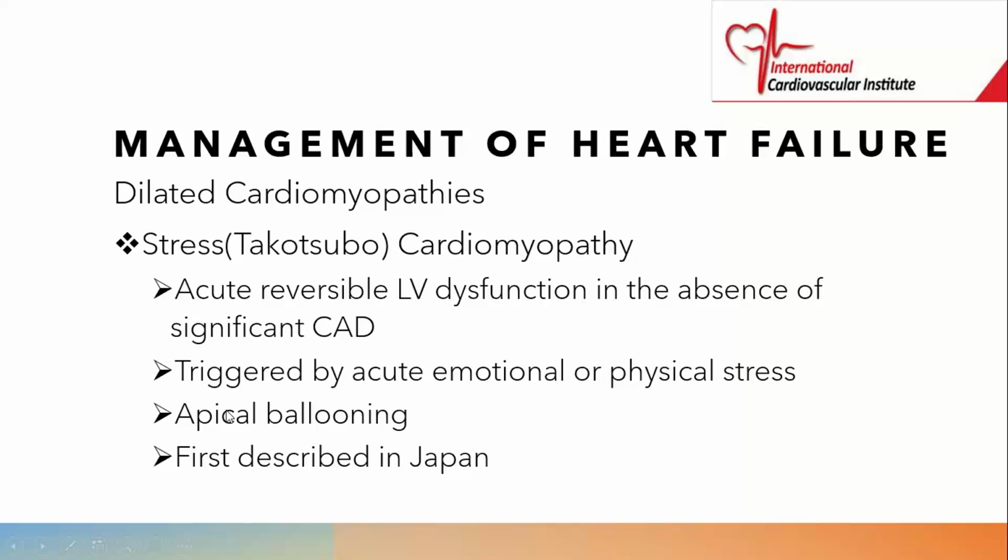The classic finding is what we call apical ballooning, and you're going to get this in your exam, and they're going to show you a few things, and you have to get it right. So apical ballooning, okay, this is also another term that it goes by, apical ballooning cardiomyopathy.